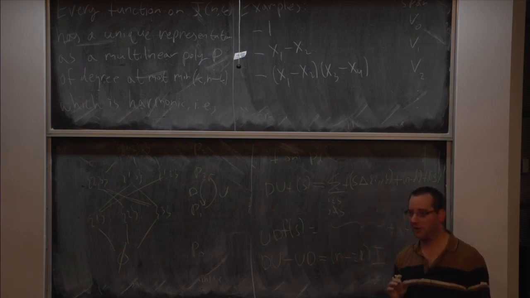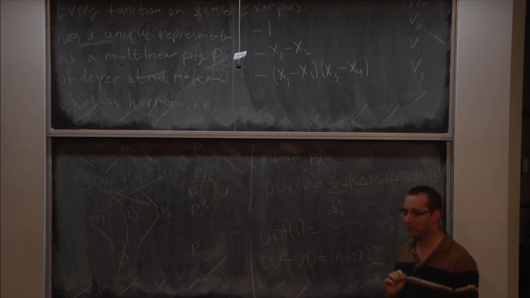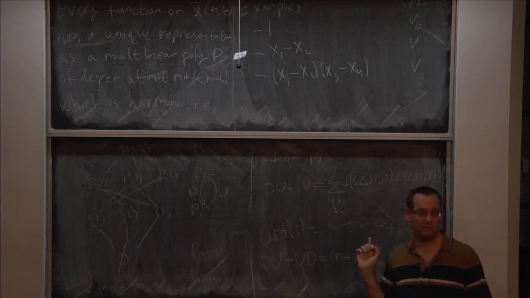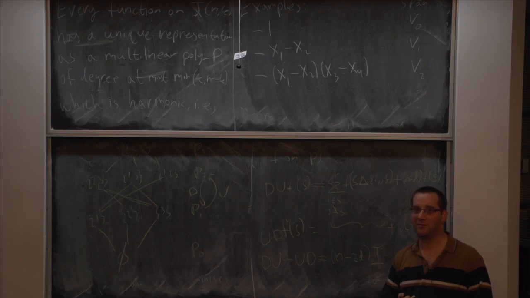Okay, so now we're on level d, so the difference between du and ud is some scalar product of the identity.